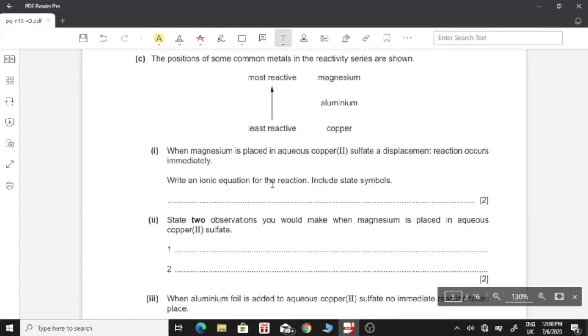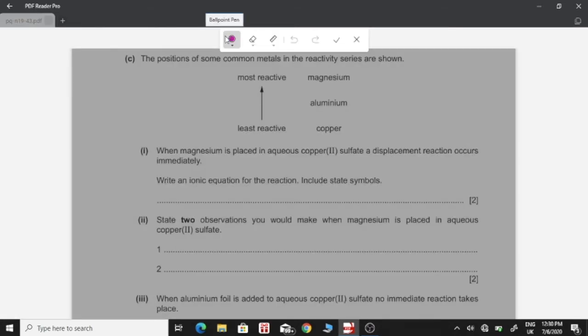Alright, so in ionic equations, we're supposed to start with the ion. Now in this case, we'll be having the ion of the element which is going to be replaced, and we know that copper is going to be replaced over here. So we're supposed to write the ion for copper. It has a charge of 2 plus. As you can see over here, it is copper(II) sulfate, and ions always exist in aqueous form.